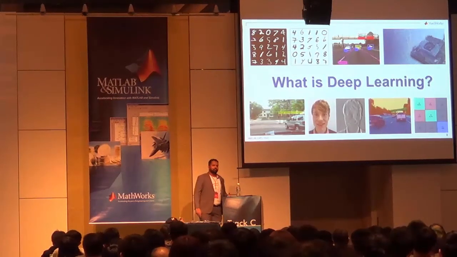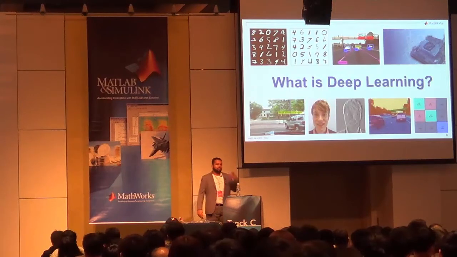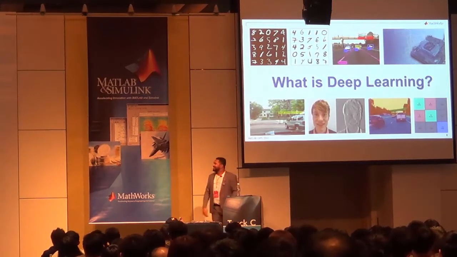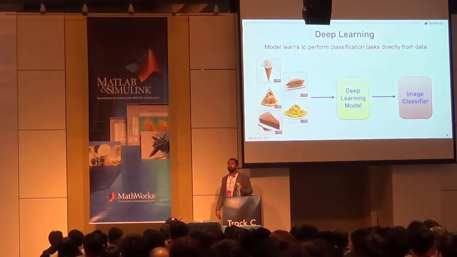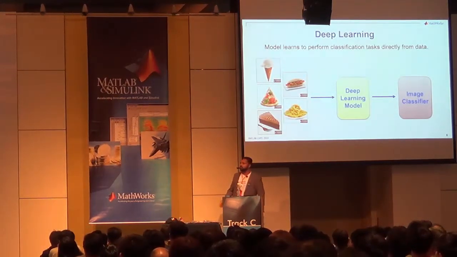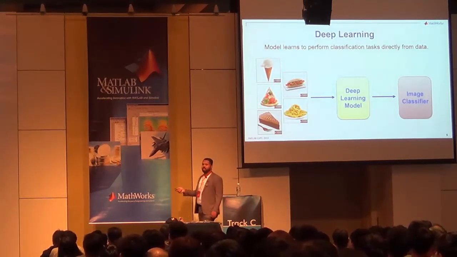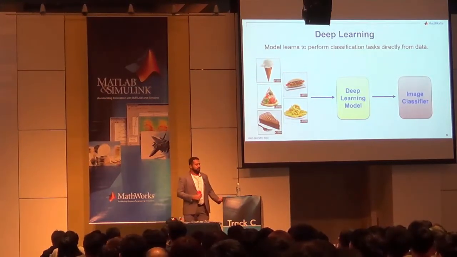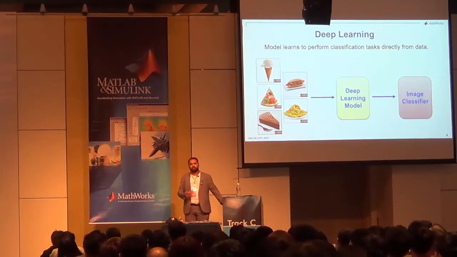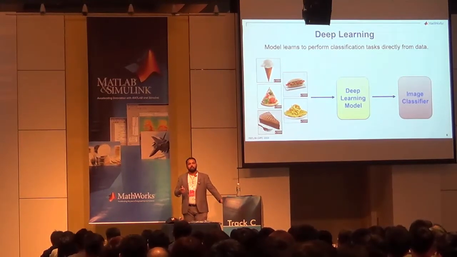Deep learning is learning that is not shallow. No, I'm just kidding. It's a form of machine learning. It's a form of AI where you learn to perform a task directly from data. And that's different from some of the other AI techniques, different from some of the other machine learning techniques. Because in this case, you're learning directly from the data.